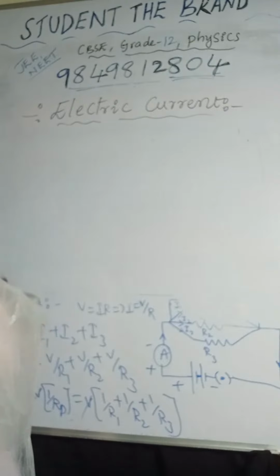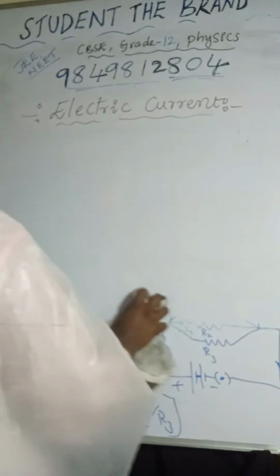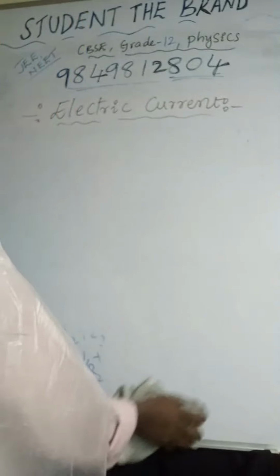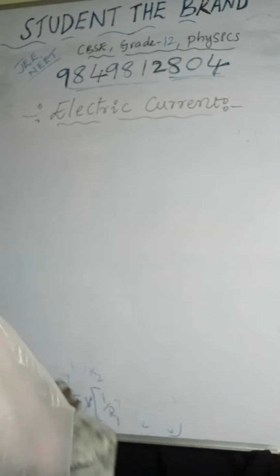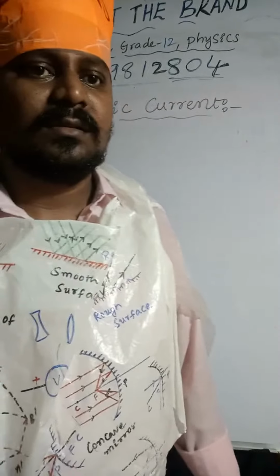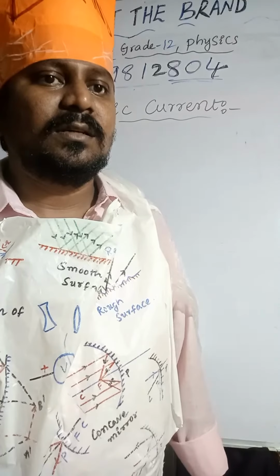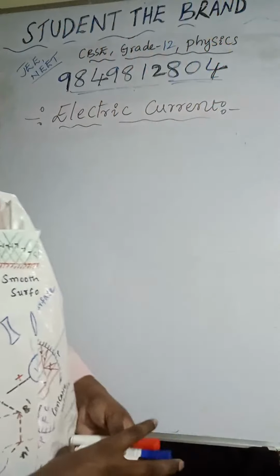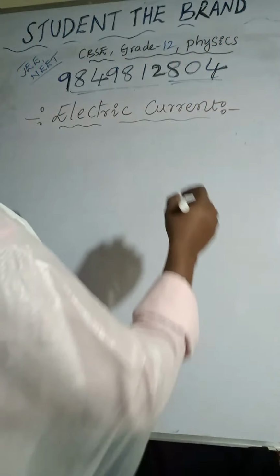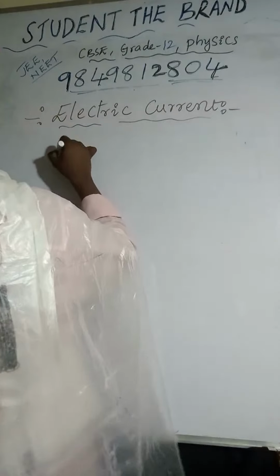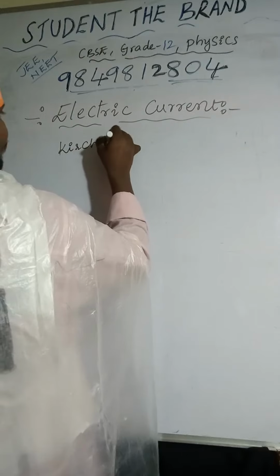Algebraic sum of all the currents in a junction in a closed circuit is 0. Means actually Kirchhoff's laws. So now you can observe, junction, Kirchhoff's laws.